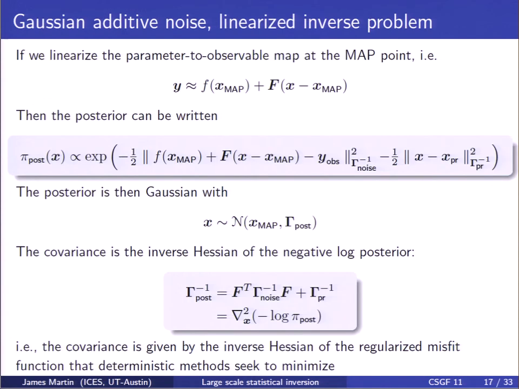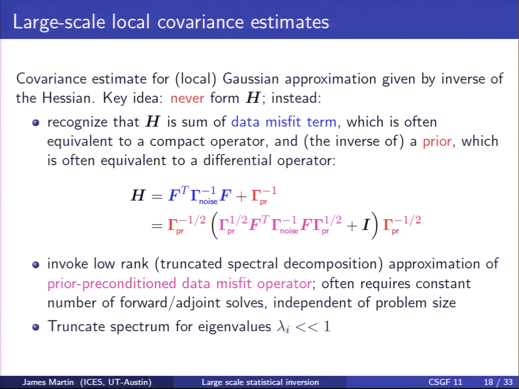The Hessian misfit term comes from this term, and then the Hessian of this term is just gamma prior inverse. And then we can factor it out into what I call the prior preconditioned data misfit operator, so here in magenta.